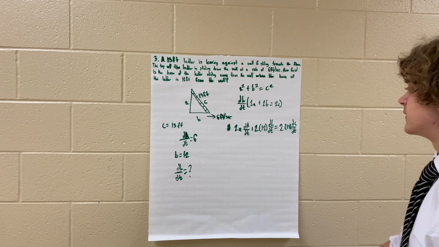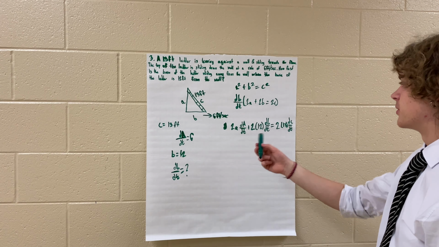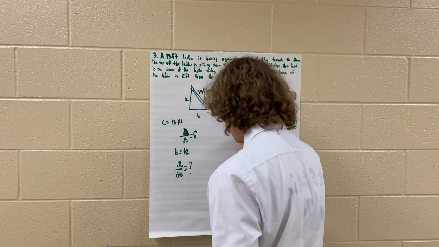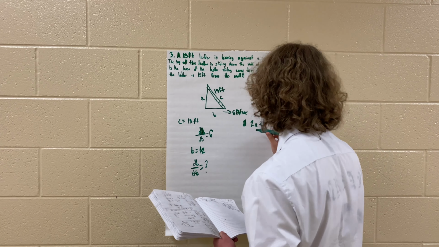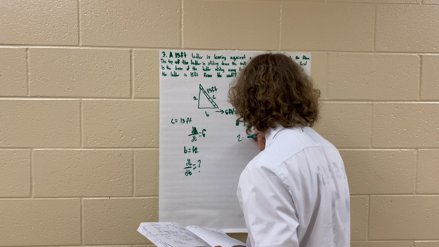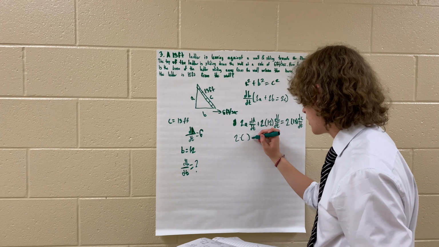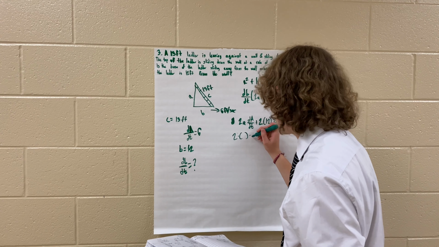And now that I have this, I can start applying my rates. So first of all, 2 times a, which should be there, times dA over dt, which is 6.